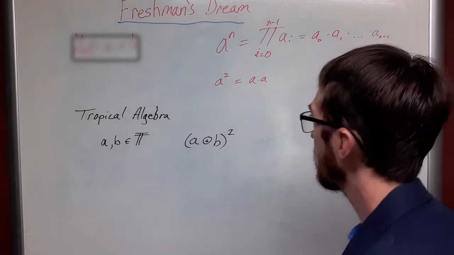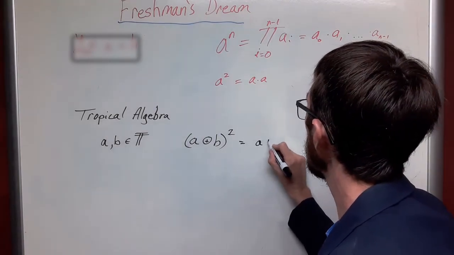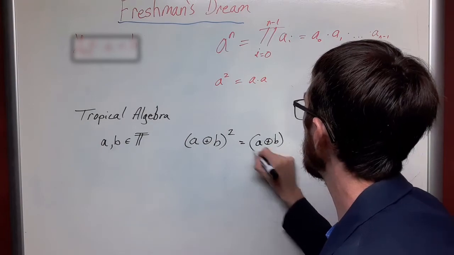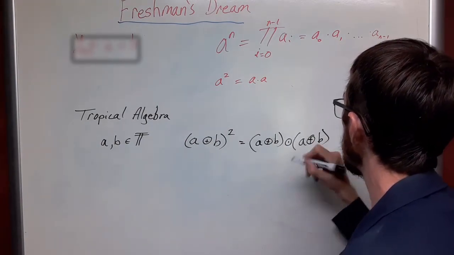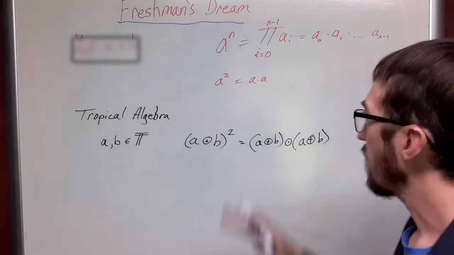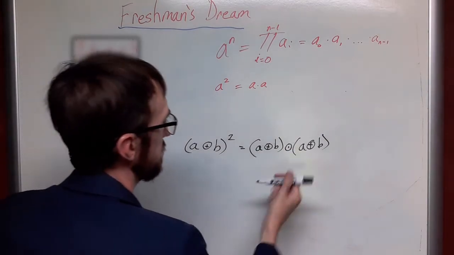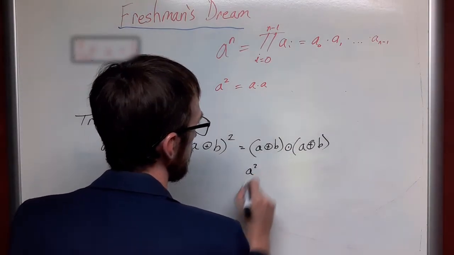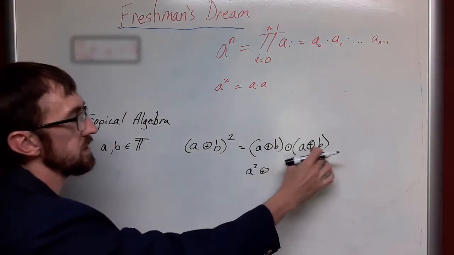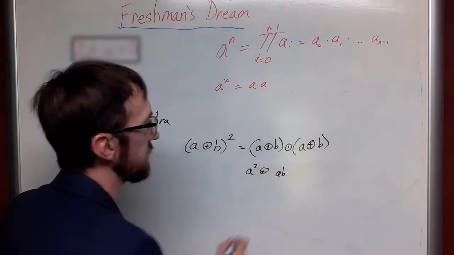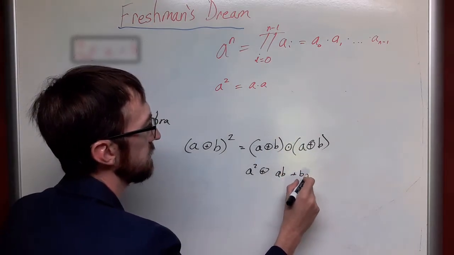And so this is going to be a plus b times a plus b. And now we have to do our distributive property again. I'm going to multiply a times a to get a squared. And then I'm going to multiply a times b to get ab. And then b times a to get ba.